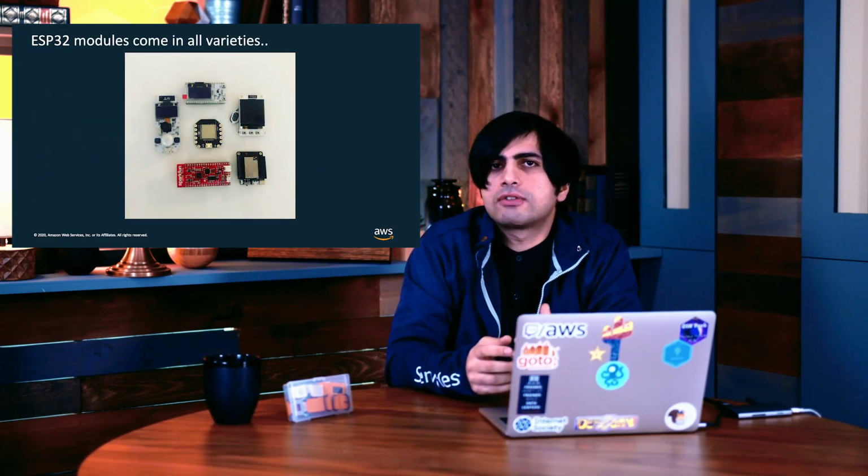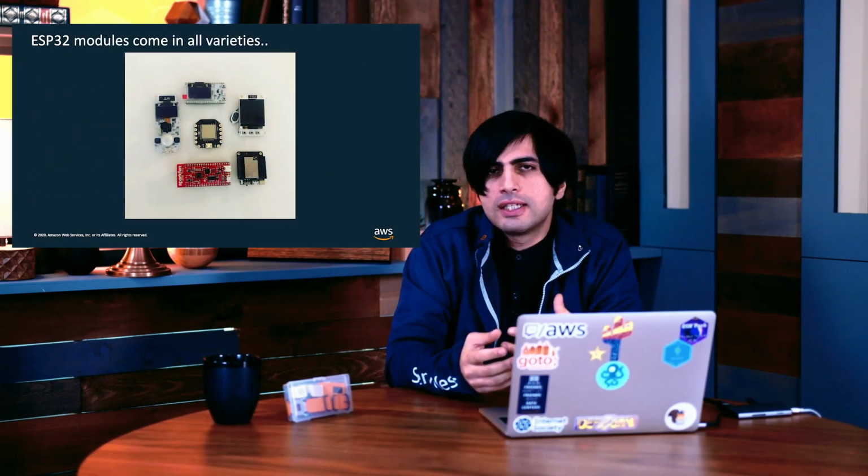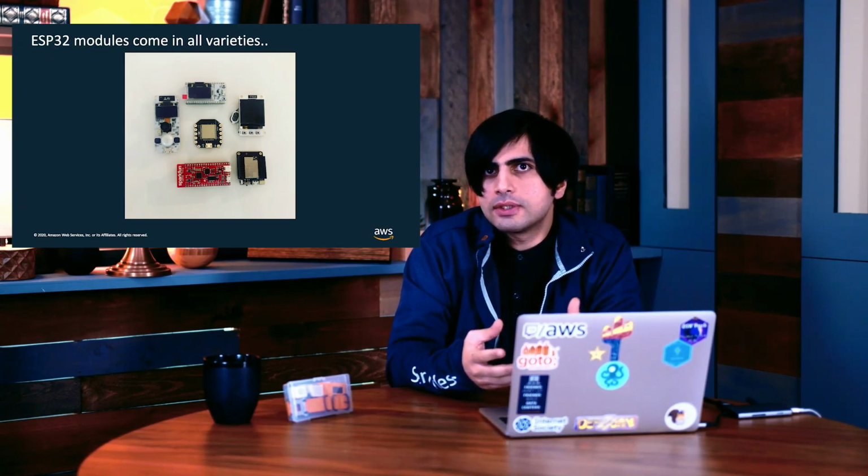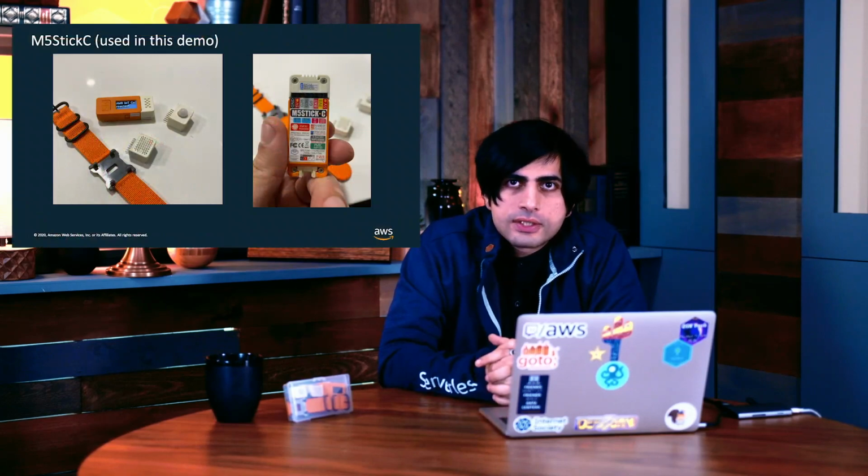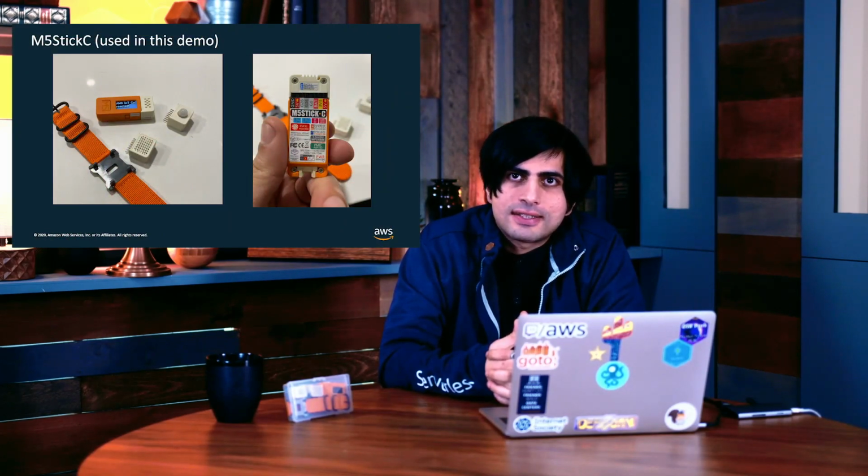ESP32 modules come in all varieties. The chip has become so popular in the community that it's become a go-to solution for creating a very low-cost Wi-Fi or Bluetooth-enabled device. For this demo, we're going to be using the M5Stick-C.